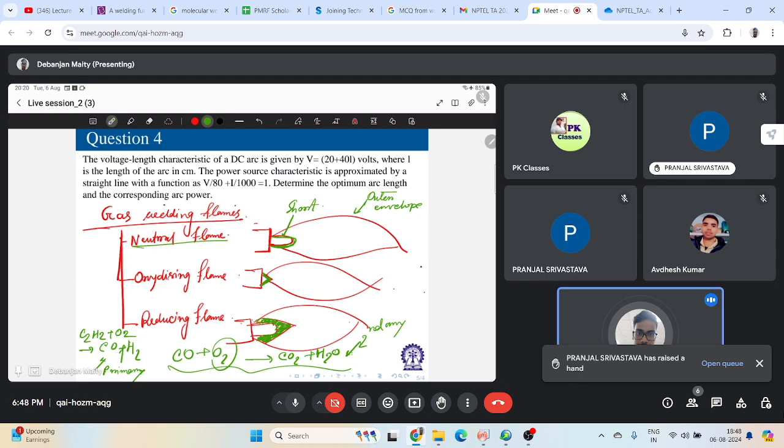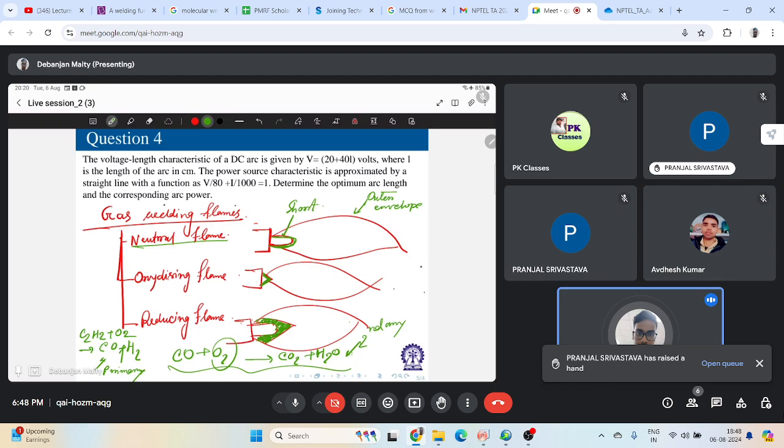So next, what is happening basically? Once thermionic emission has started, the arc itself becomes a source of ions through a process called ionization.